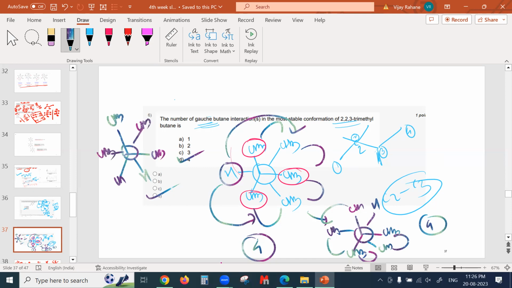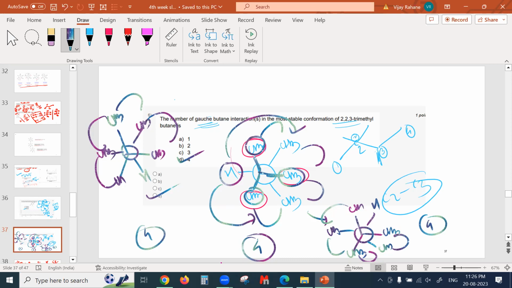Now we can calculate here: 1 interaction, 2 interactions, here 3 interactions, and 4 interactions. So there are 4 interactions possible, because you can see the front carbon atom is symmetrical. So if you rotate the back carbon atom any way, the interactions are not going to change, right? So that's why it is 4.